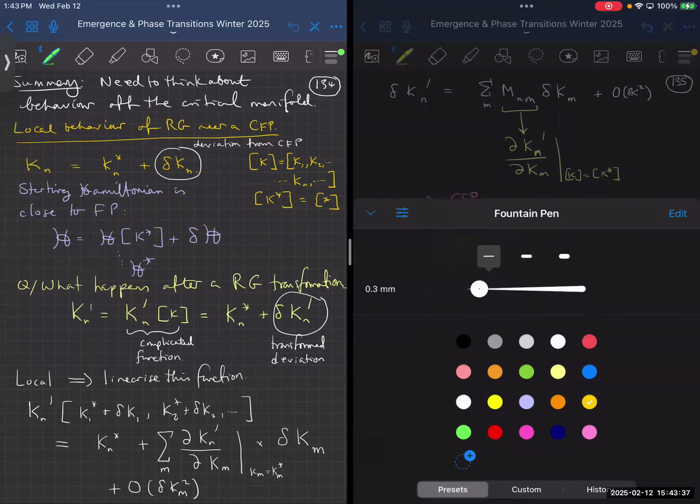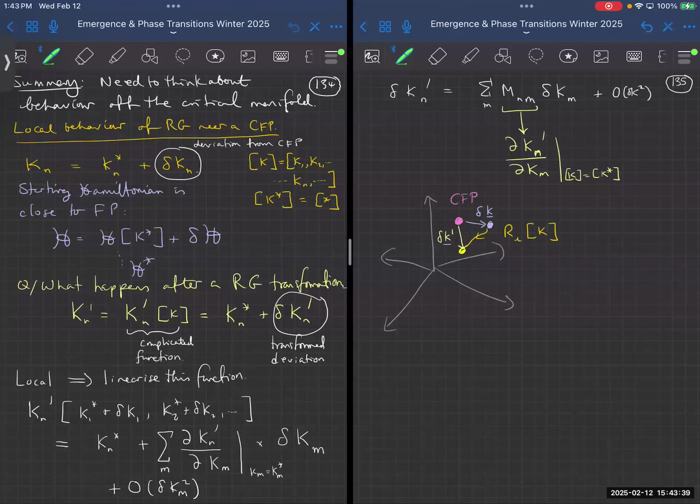So what we say is that M is a matrix, is a linearized renormalization group transformation.